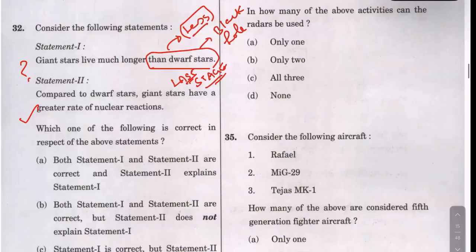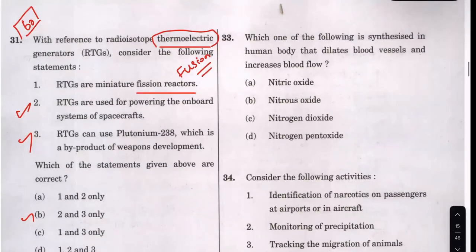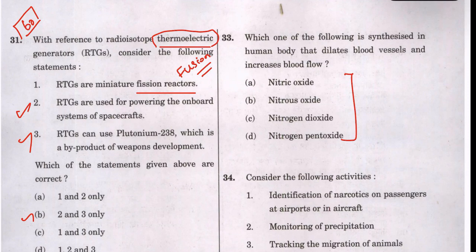You can take this question maybe. Okay, this also is a little tough. This for me, I do not know. Okay, so nitric oxide, nitrous oxide, nitrogen dioxide, nitrous oxide. These two may not come.